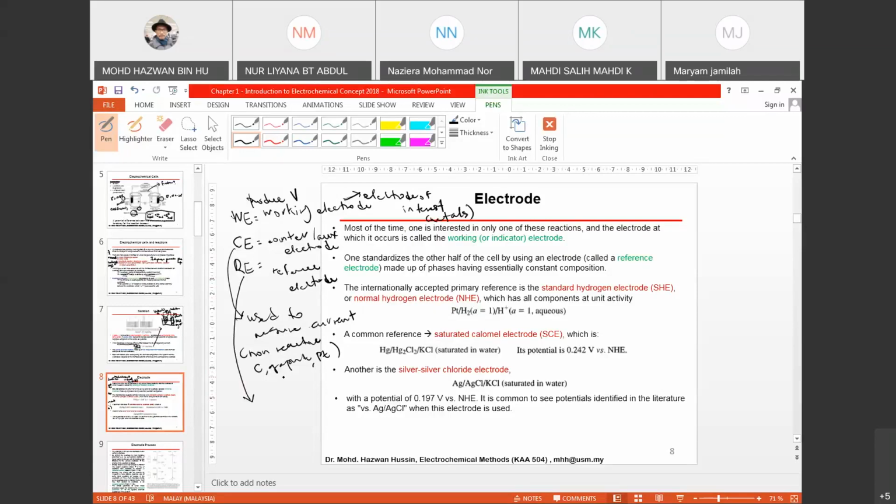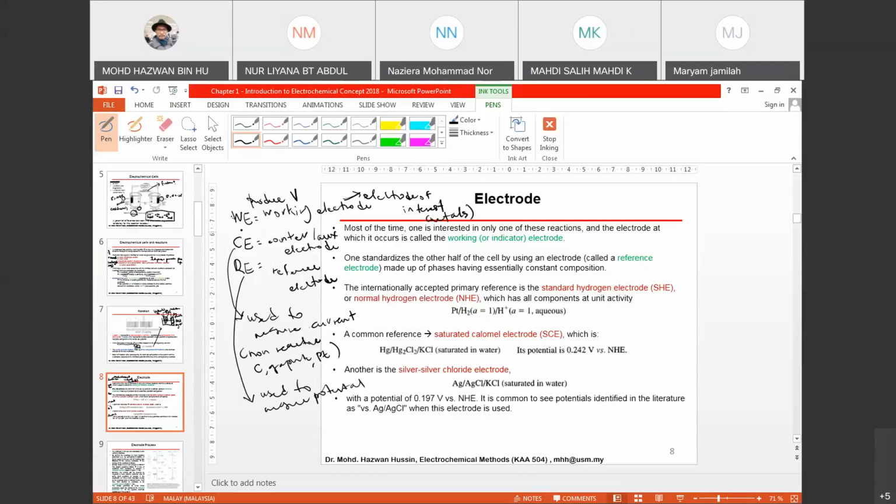Nazira ingat juga? Tak ingat? Dia use as a reference untuk measure potential kan? Betul tak? Yes. Actually, reference electrode is used to measure potential.